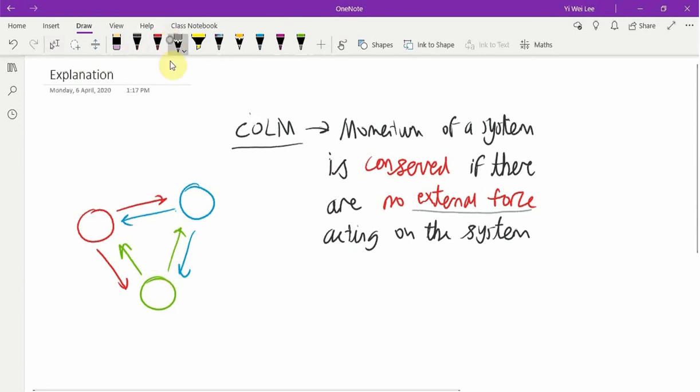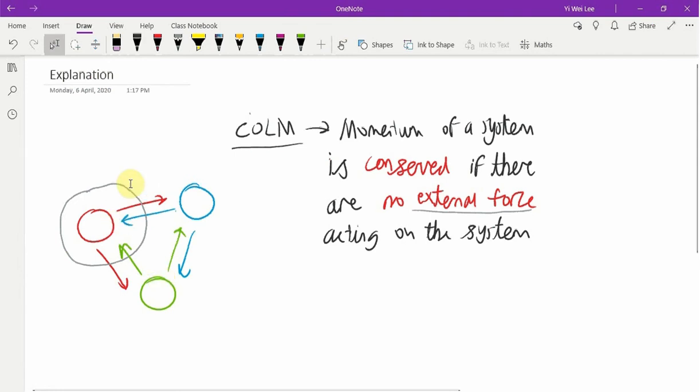Now, if I were to draw my system boundary around this red particle, and as I said, this system boundary is completely arbitrary, it depends on what I like, it means that only the red particle is part of my system, and the blue and green particles are not part of my system.